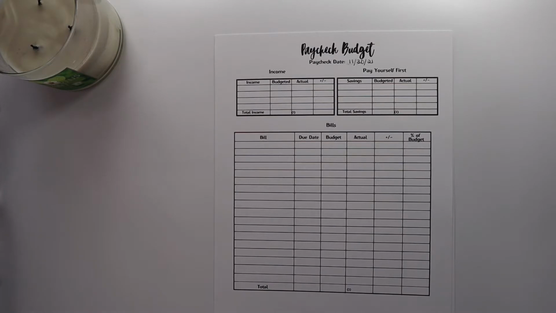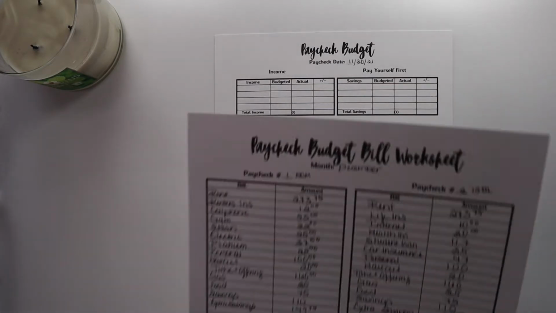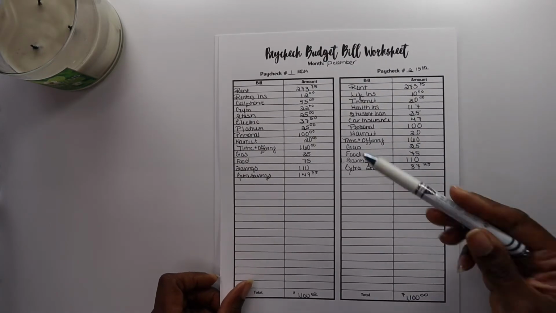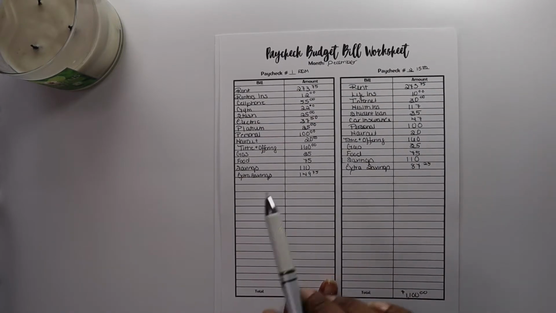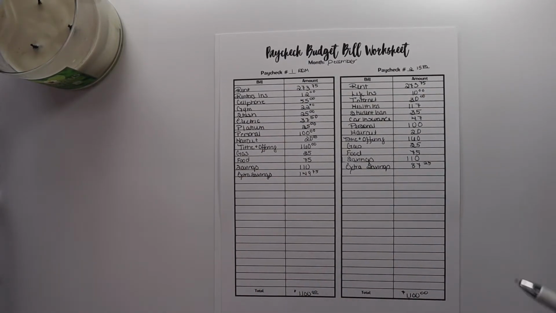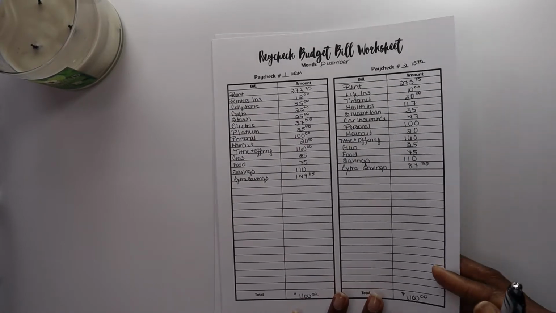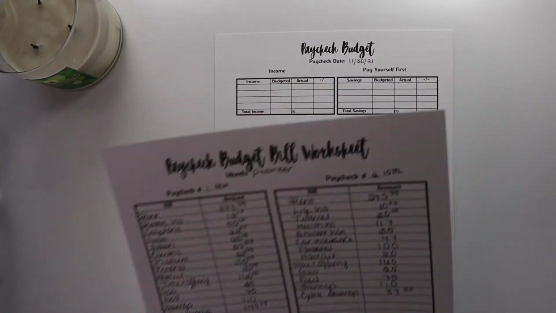We use the Paycheck Budget Bill Worksheet to break out those numbers. This is just a draft sheet. It looks pretty right now, but when you're doing it, you're going to be moving numbers across and making it work for you in the best way possible, so it may not look pretty. I just want to give that warning.